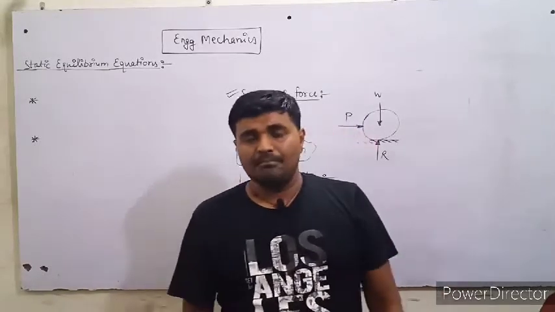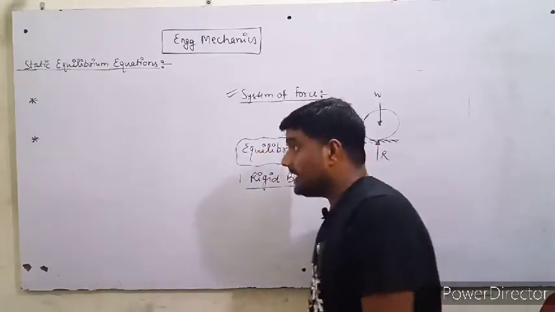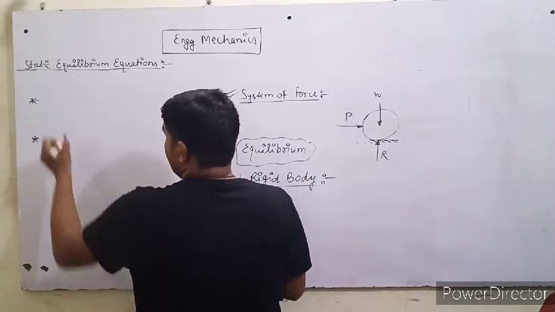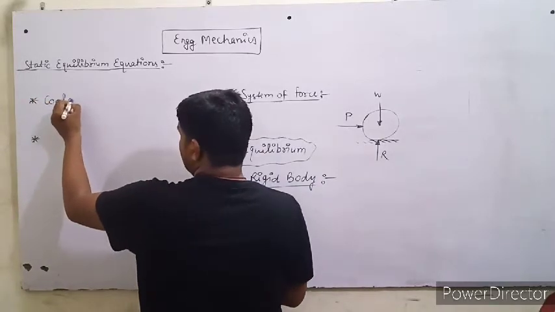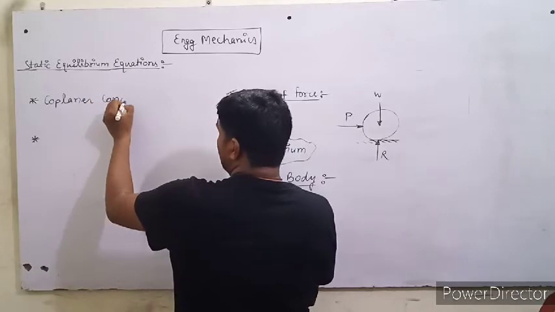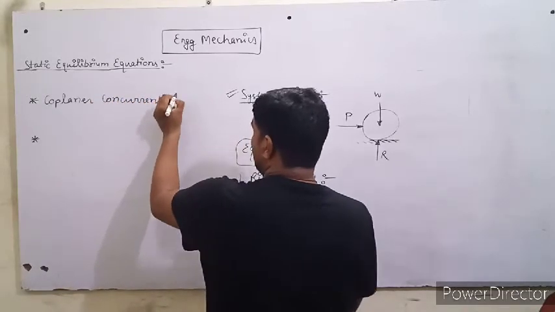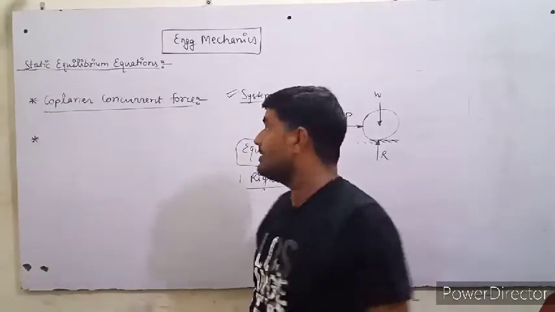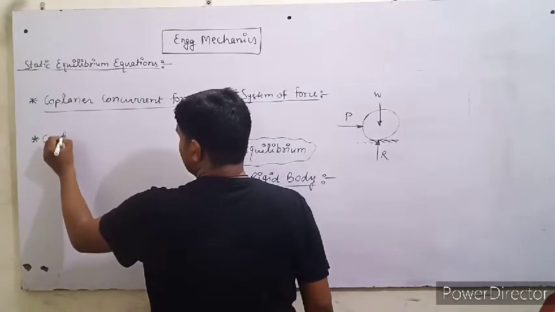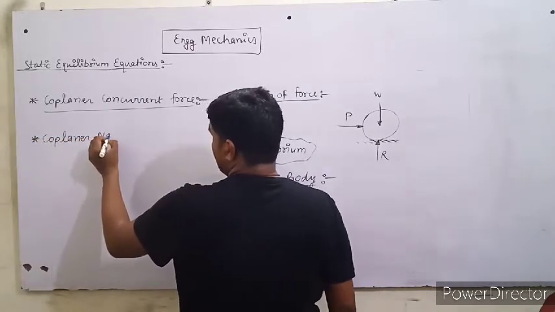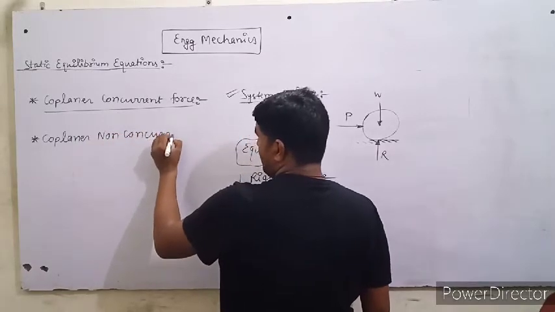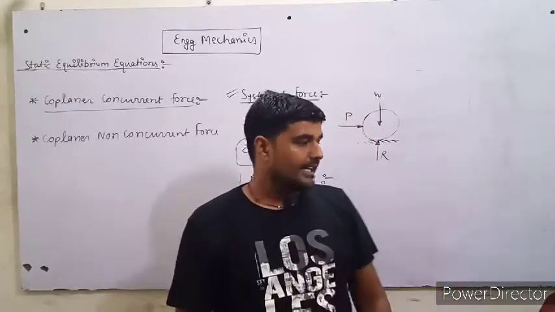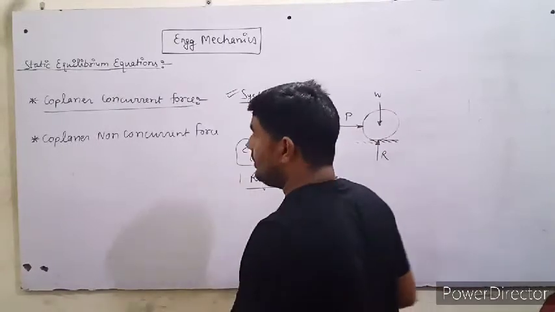System of forces, there is a big classification of system of forces, but here we will talk about only two types of system of forces. First one is coplanar concurrent force, and second one is coplanar non-concurrent force.